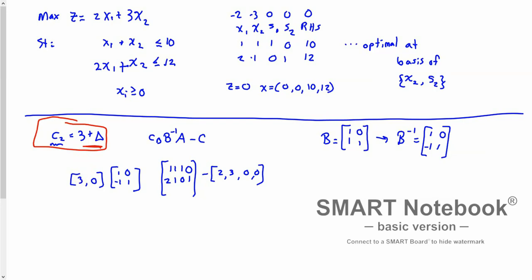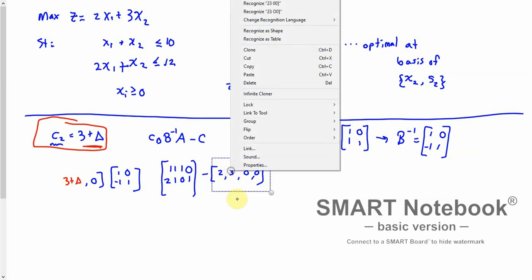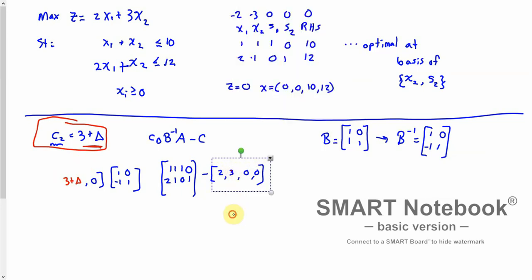I might need to erase a little bit to fit it. Let me try to fit in this 3 plus delta. Alright, let me put back in these other pieces.